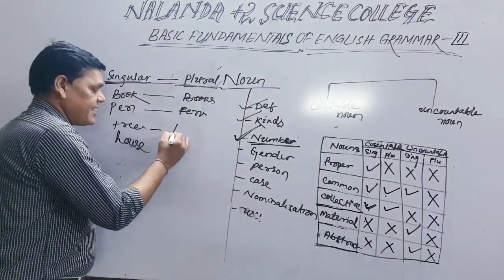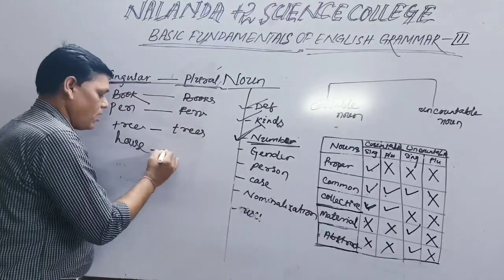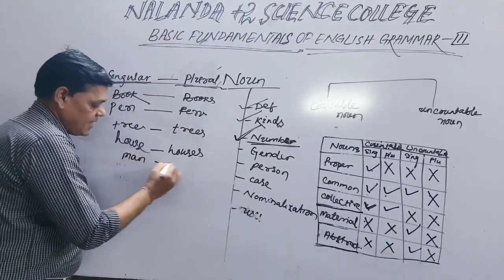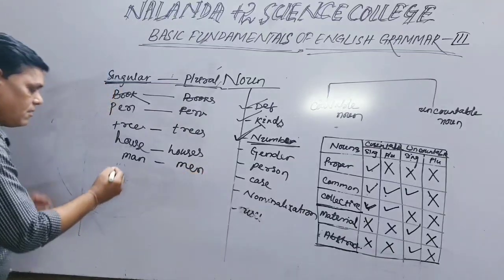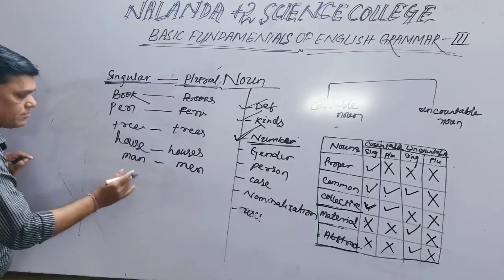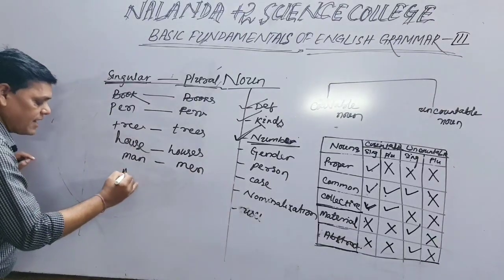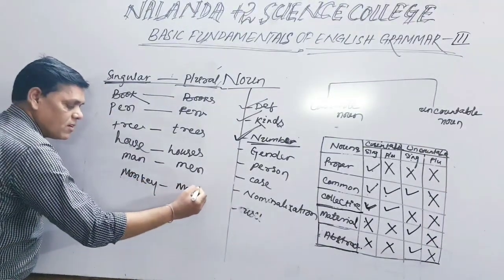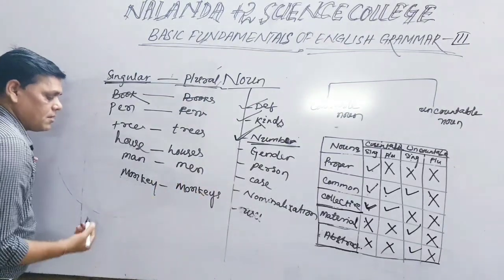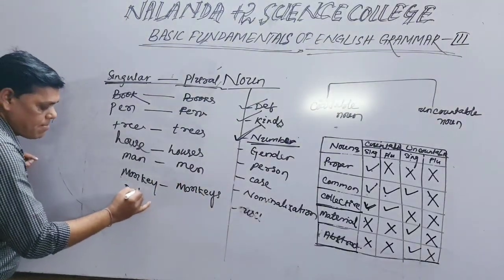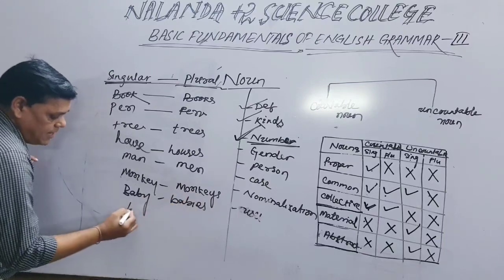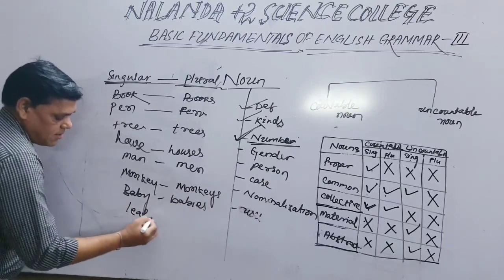From tree, trees. From house, houses. From man, men. From monkey, monkeys. From baby, babies. From leaf, leaves.